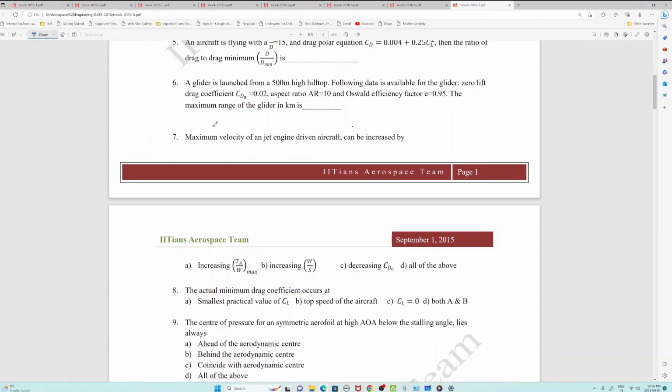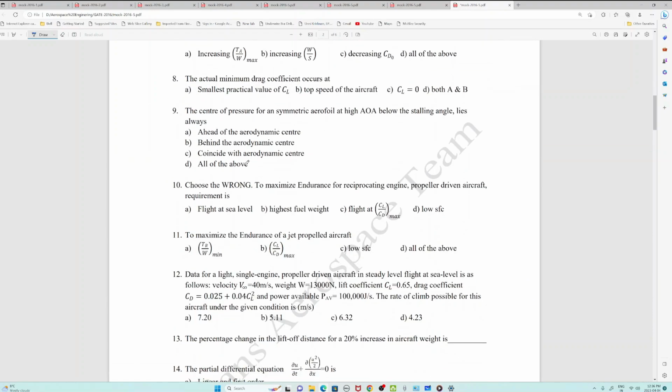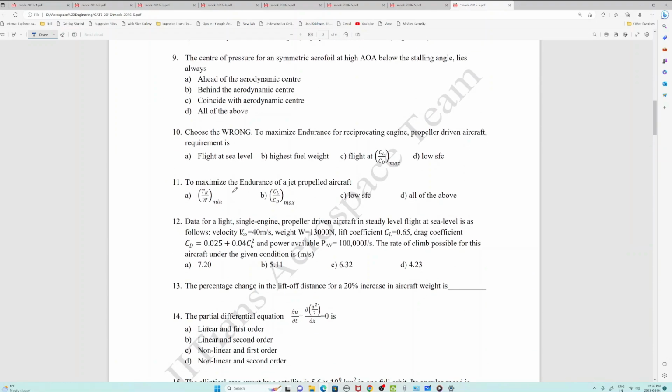One question is this: maximum velocity of a jet engine driven aircraft can be increased by, okay, yeah, this one, sorry. Question number 10 and 11.